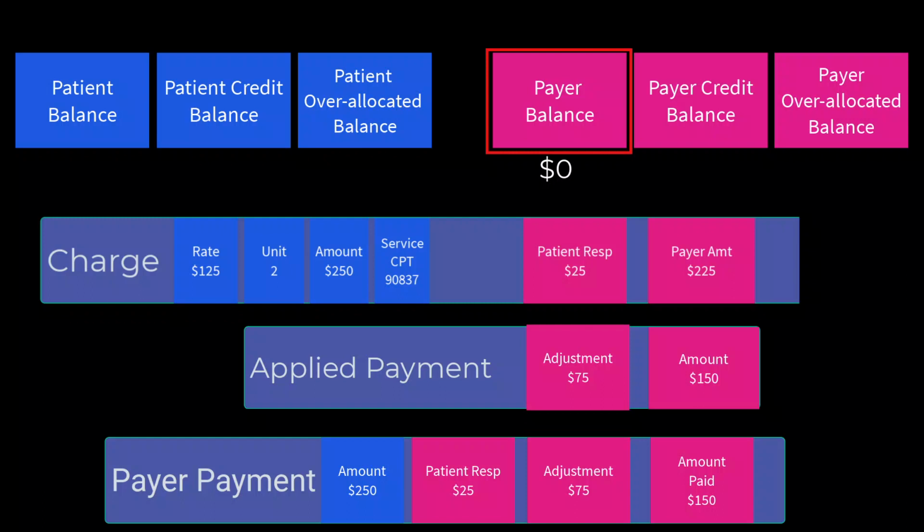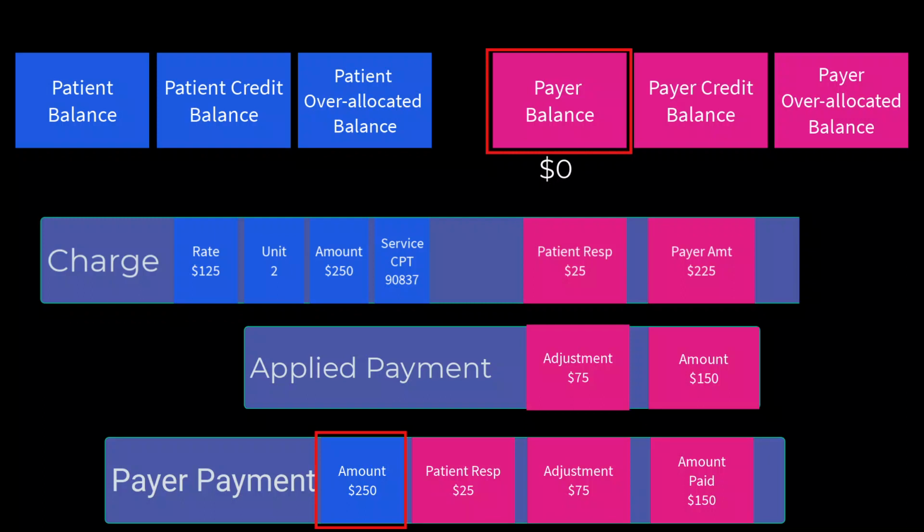In this case, the total amount of the charge was $250, $25 of which was owed by the patient, and the rest was billed to the payer. The payer received the claim, for example, to pay the $250.